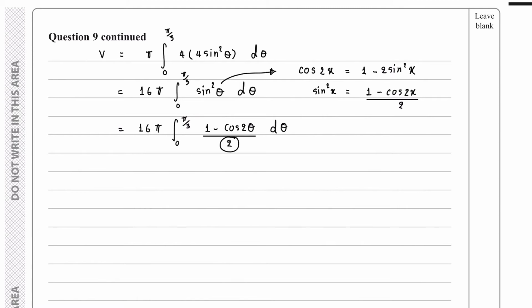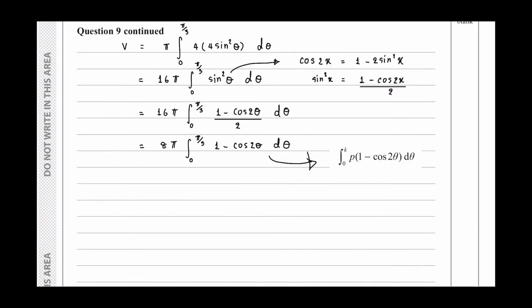This term is a constant term, so factorize it out to be 8 pi over 3, 1 minus cos 2 theta d theta here. We're almost done here. Just have to change it into this form. So we put 8 pi inside the integration sign: 8 pi times 1 minus cos 2 theta and d theta. And these two terms are constants, so that's the answer.